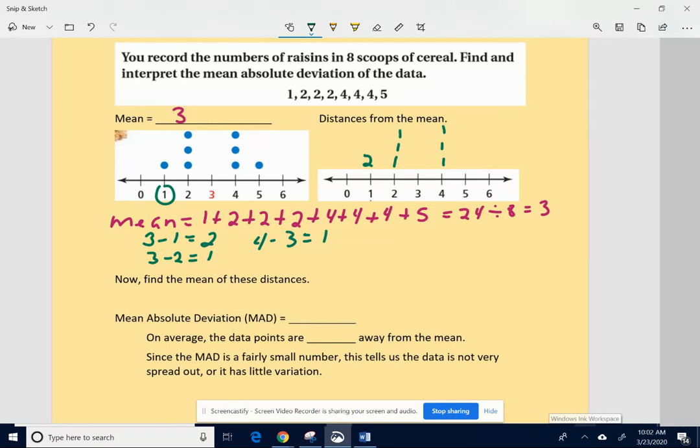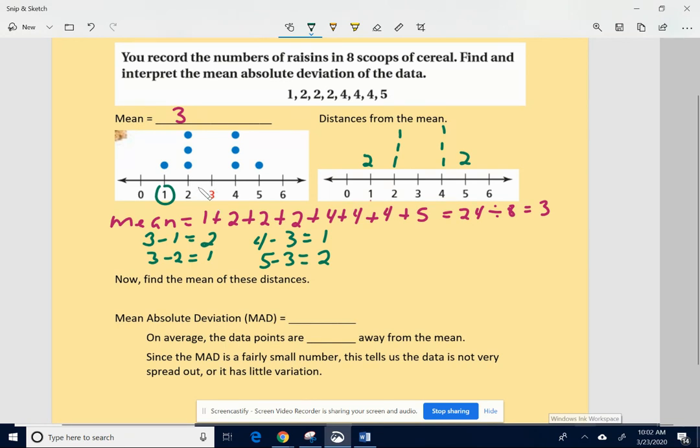So I'm just keeping track of the distances on this number line. 5 is 2 spaces away from 3. I could subtract if I wanted, or I could just look at it. So what we have here is all of the distances away from the mean of 3. 1 is 2 spaces away from 3.